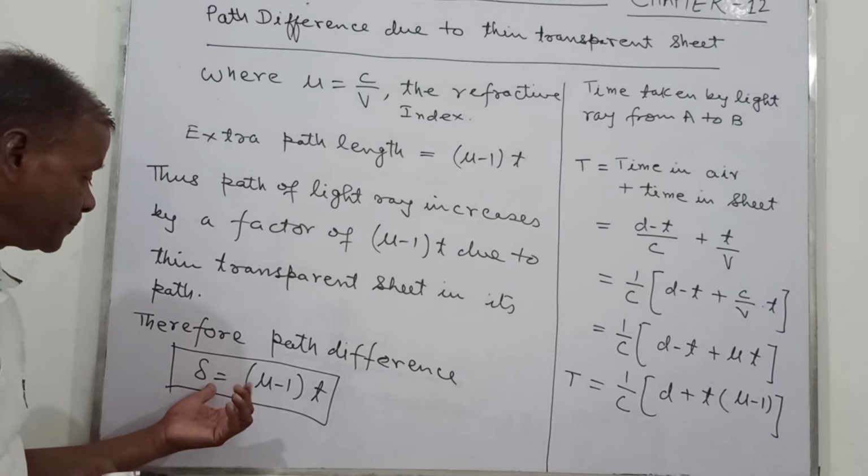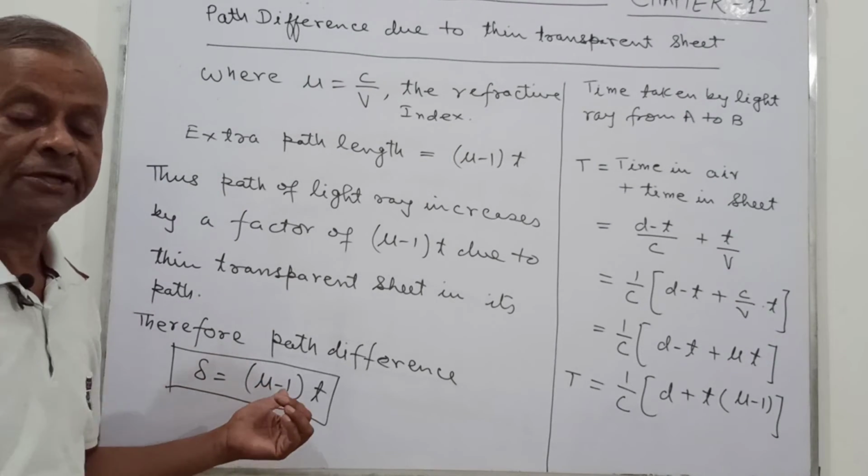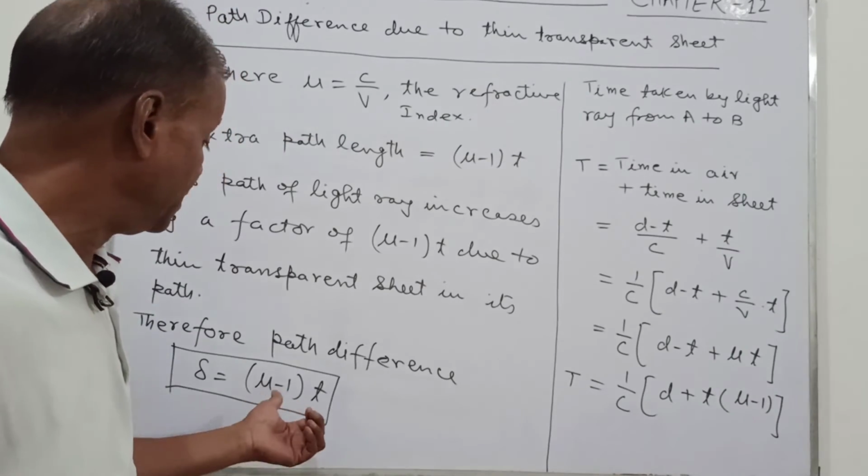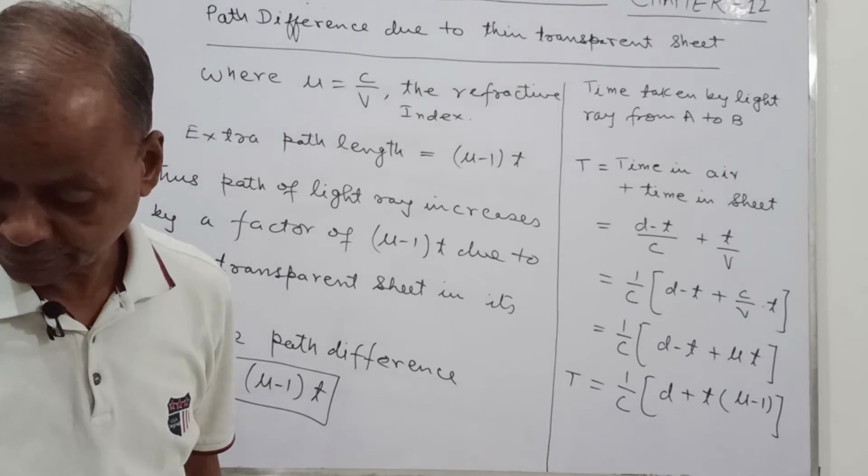Now you can see that this path difference depends upon the refractive index of the sheet and the thickness of the sheet.